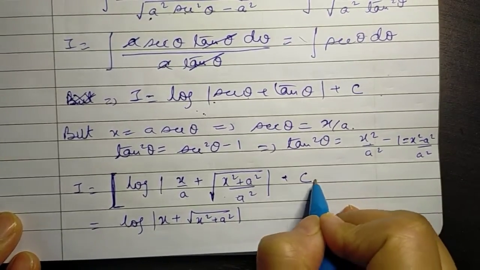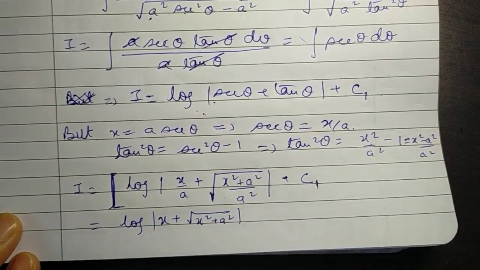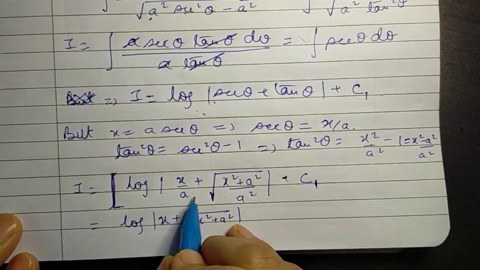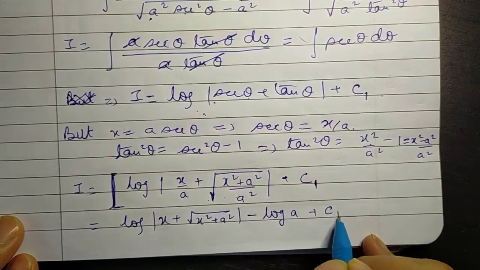Now here let's write some constant as c1. Now what I get is upon a, so it becomes minus log a plus c1.